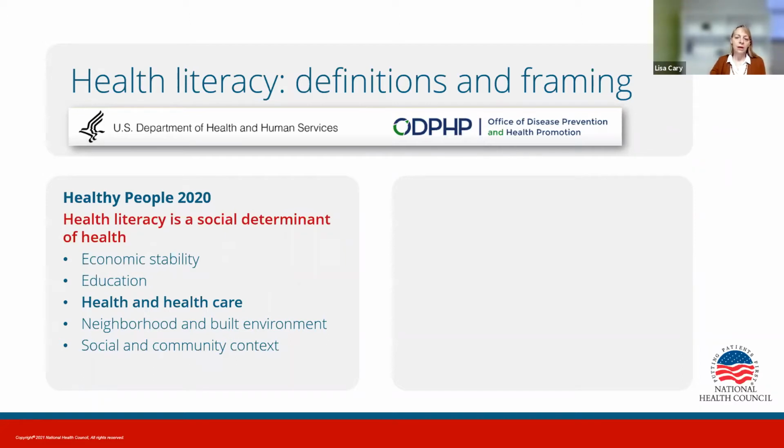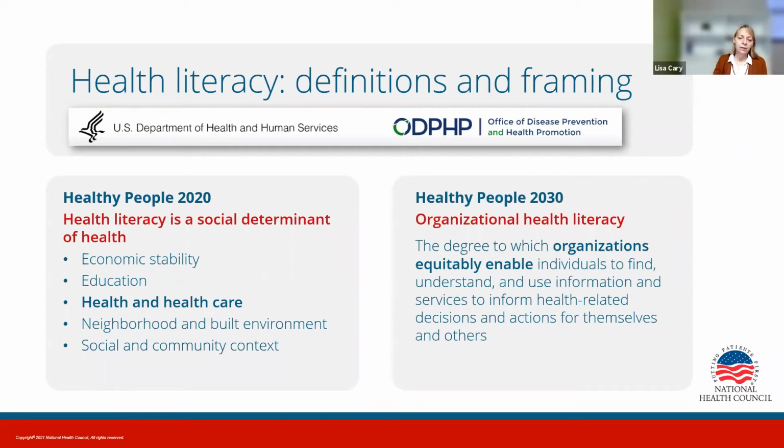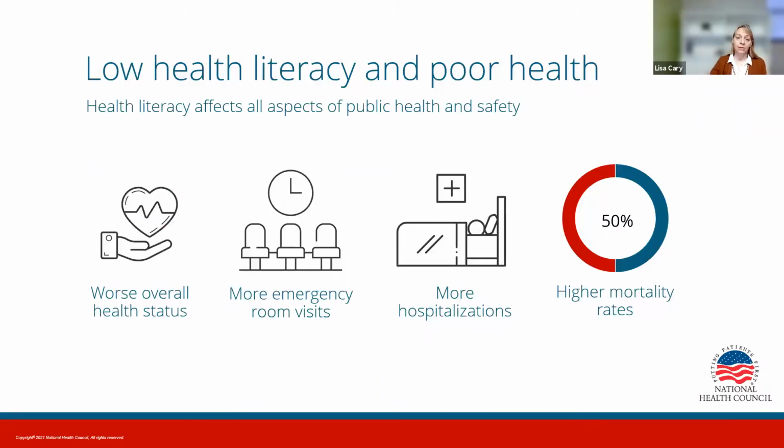While those social determinants are very important, here on the right you can see a newer definition that also recognizes that health literacy is the responsibility of organizations who put out that health information to enable people to find, understand, and use the health information. So it's not just on individuals, it's also on all of us who are creating that health information.